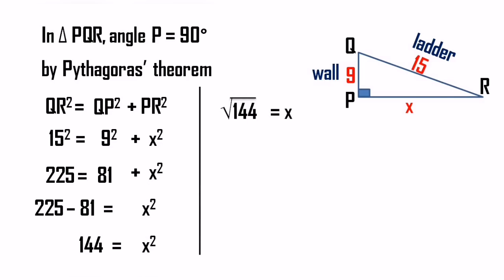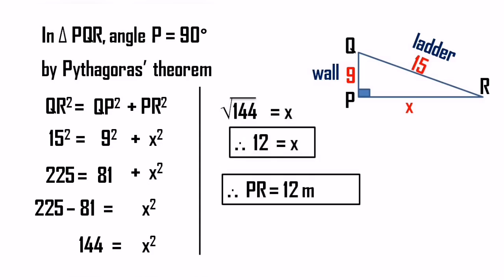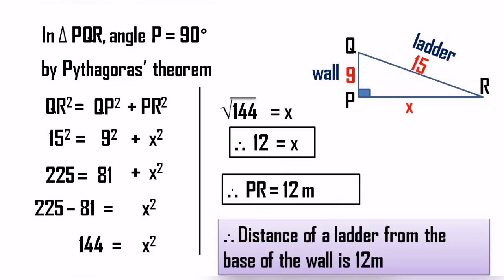Boys and girls, keep it in mind, we must learn the squares of numbers from 1 to 25. That will be very helpful for you to get the answers for this lesson particularly. So what answer do we get? 12 equals x, and my final answer, you have to write with the proper unit and statement. Distance of the ladder from the base is nothing but 12 meter.